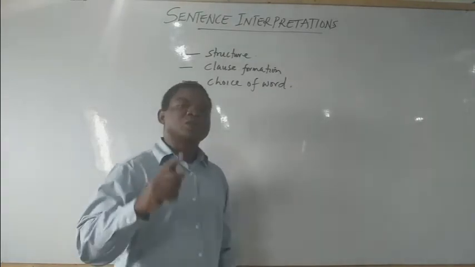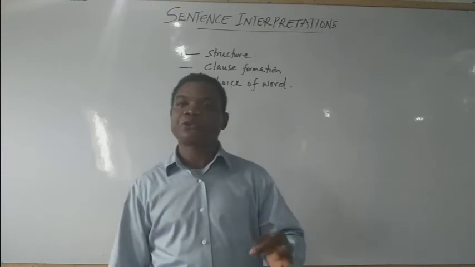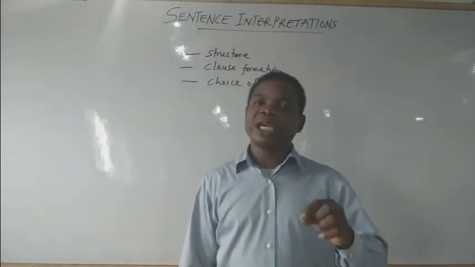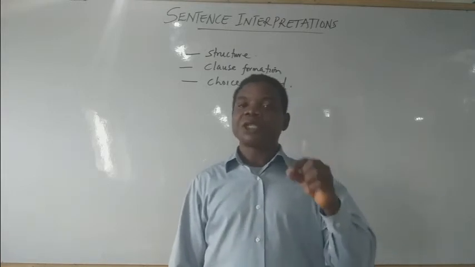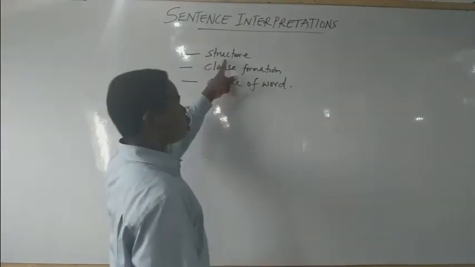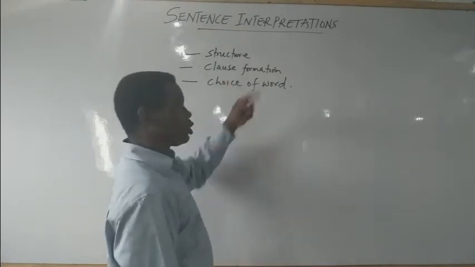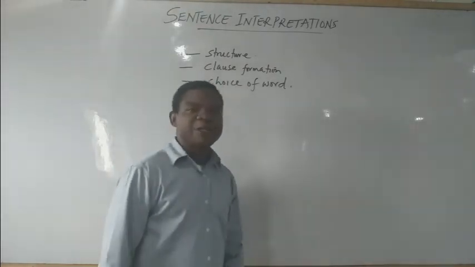I repeat, sentence interpretation is an aspect of English language where we get the overall meaning of a sentence by considering, 1, the structure of the sentence; 2, the clause formation; then 3, the choice of words used by the speaker.